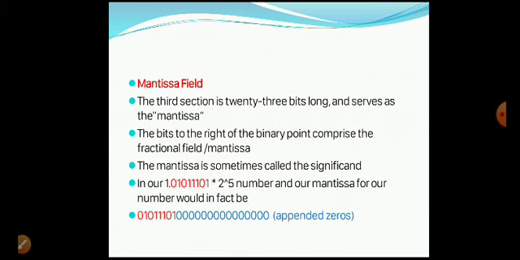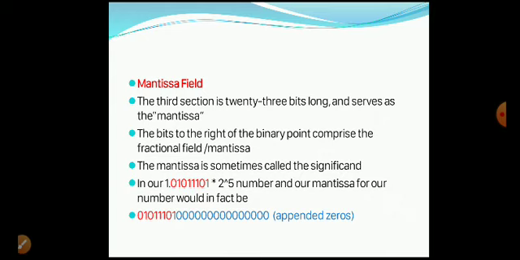The bits to the right of the binary point are called the Mantissa field. It is also called the significand field. In our case, the red colored field 0 1 0 1 1 1 0 1 is nothing but your Mantissa field.